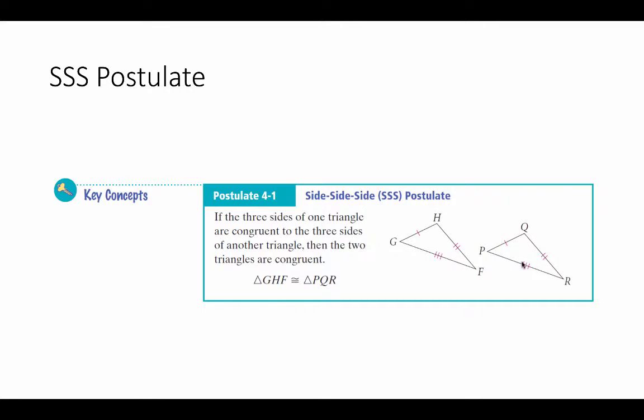Then you put the same tick marks on the second polygon, or in this case a triangle, that means the segment length GH is equal to the segment length PQ, or I should say they're congruent. So if three sides of each triangle happen to be congruent, then we know the triangles are congruent.